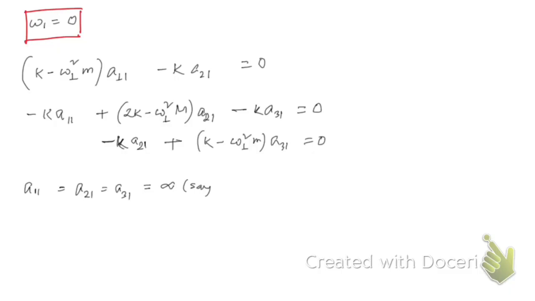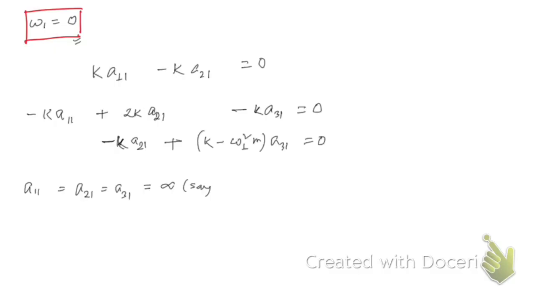And one more thing, here omega 1 is equal to 0, so this part will be equal to 0, and here this part will be equal to 0, so here we will get k a11 only. Similarly here also this part is 0, so we're going to have 2k a21. Here we get the equation in this form, right?